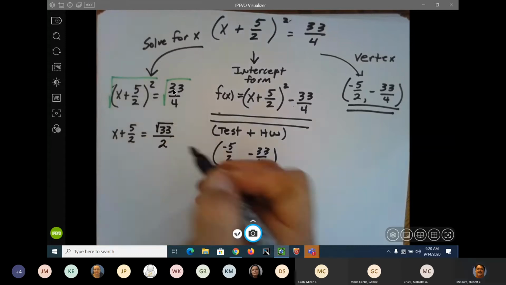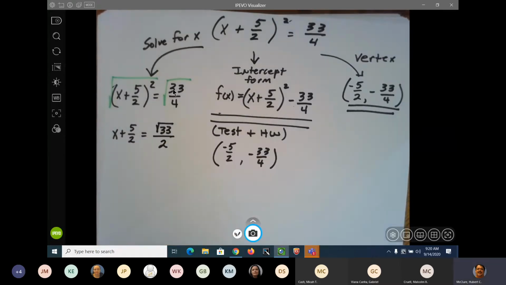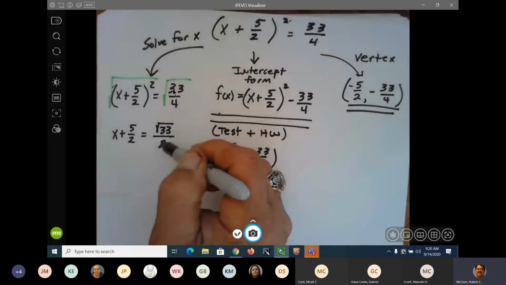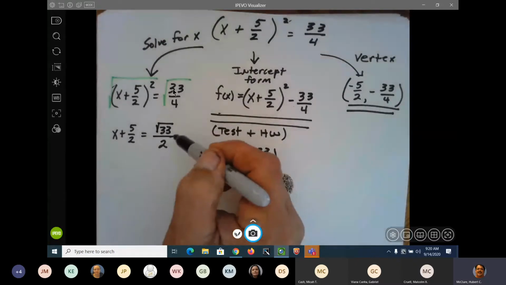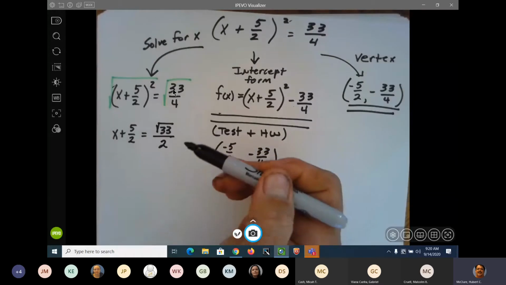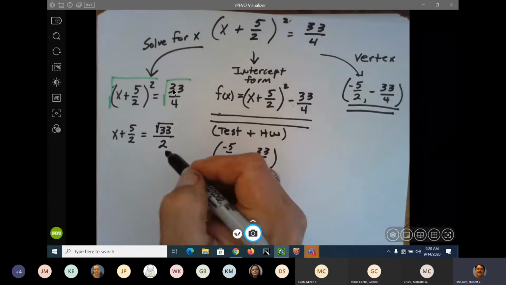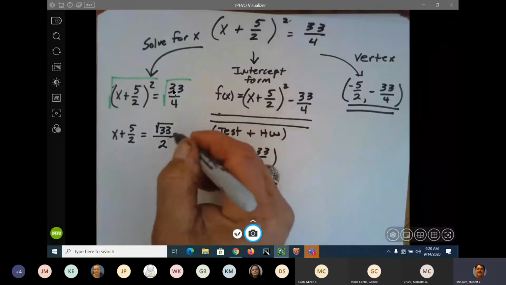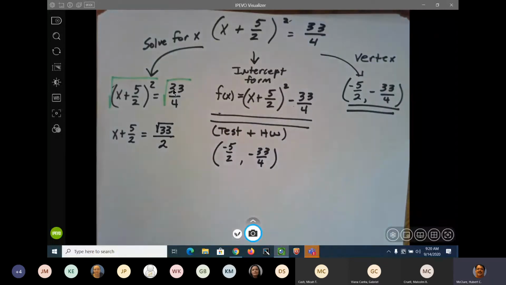33/2. Now remember, in the last class, I told y'all that you're going to get 2 or 3 different answers with that square root of 33. There's the approximate, and then there's the exact, and how you do it is up to the directions of the homework or the test. Okay?